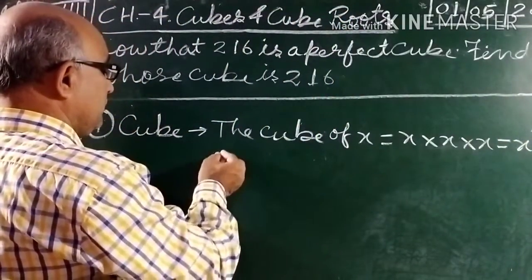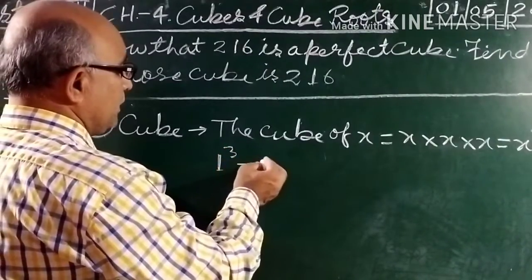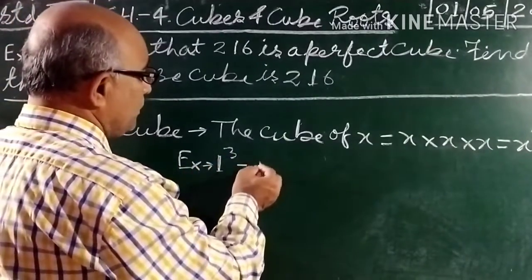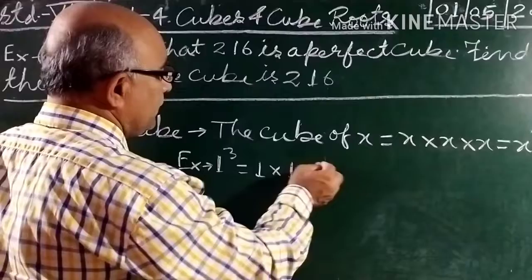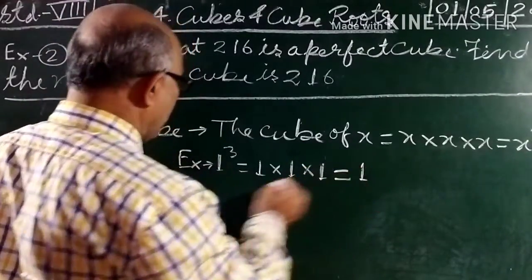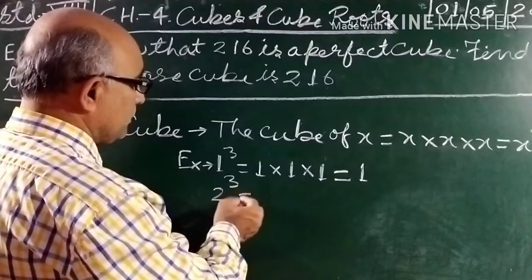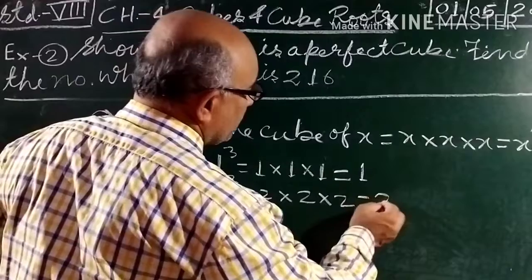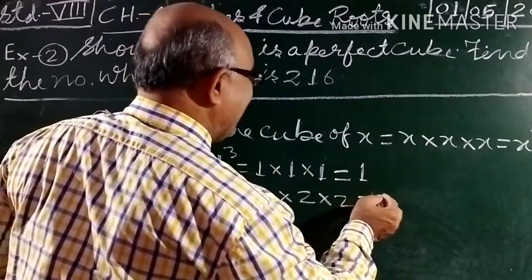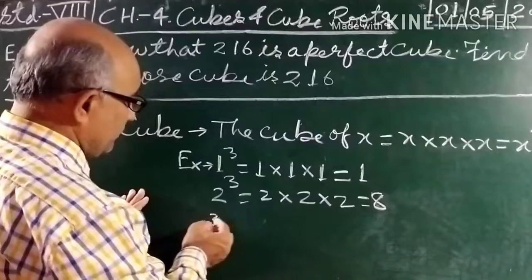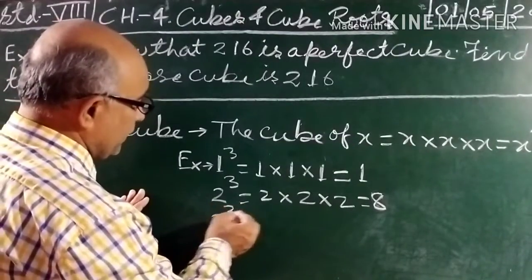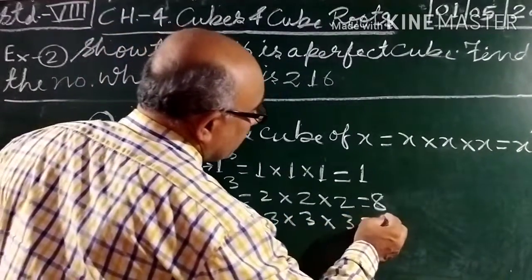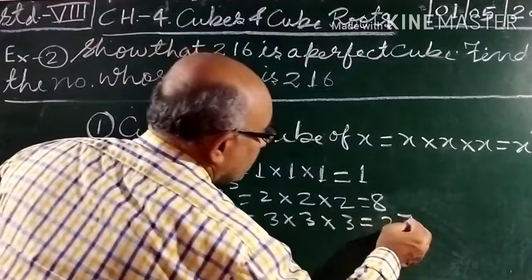Similarly, 1 cube equals 1 into 1 into 1, equal to 1. 2 cube equals 2 into 2 into 2, equal to 8. 3 cube means 3 into 3 into 3, equal to 27.